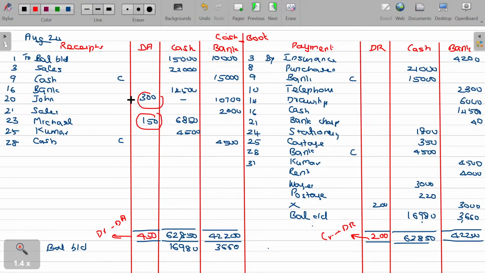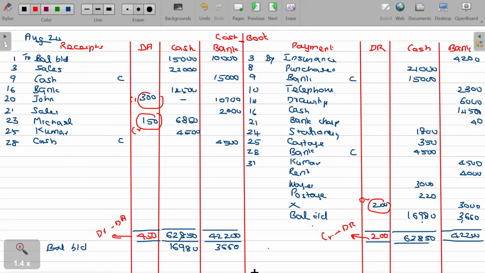Credit side. Okay. This will go to the debit side of the party account. That party is X account. Is that clear? Hope now you'll be able to understand the logic of totaling as well as tally. Cash and bank are tally balanced and discount allowed and discount received are totaled because these are totally different accounts.